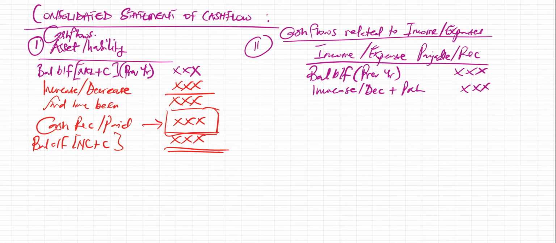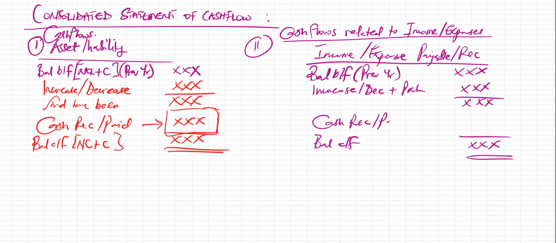Then it should have been this. But you compare it to the closing balance, the one at the end of the year, and the difference gives you your cash received or paid for that particular asset or that particular income or expense. So this is how you do this, right?